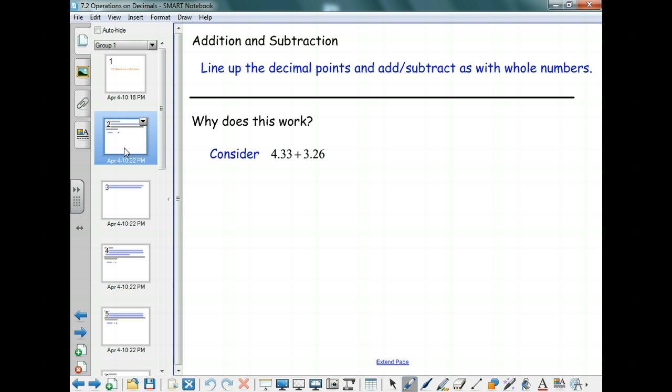All right, so what I want us to do is think about the expanded form. This was section 7.1. How do I write 4.33 in expanded form?